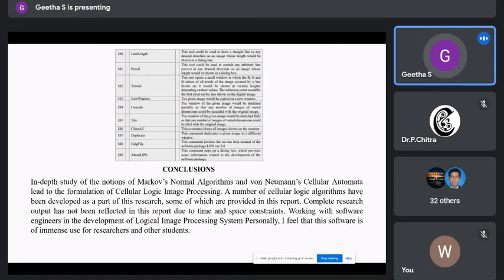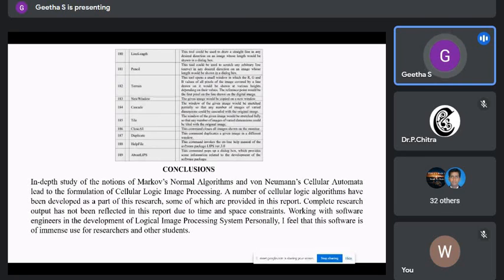First of all, you have to use Markov normal algorithms and also von Neumann's cellular automaton, and then apply them in cellular logic image processing. A number of cellular logic algorithms have been developed as part of this research, some of which are provided in this report.